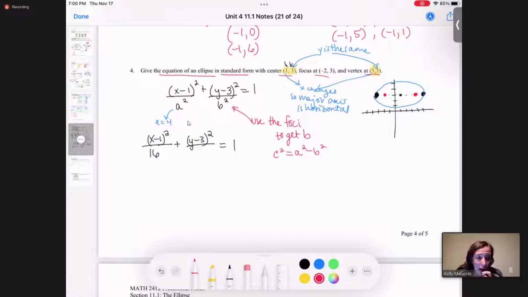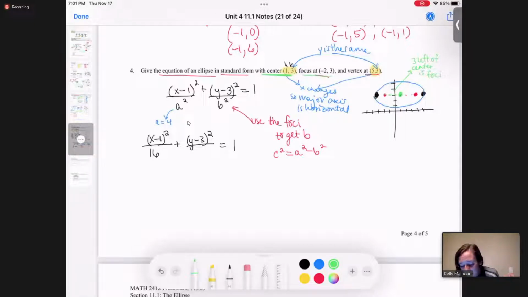Based on this graph, let me count it out. Here was my center, and I went 1, 2, 3 to the left. So 3 left of center is the foci point they gave, and 3 to the right would be the other one.